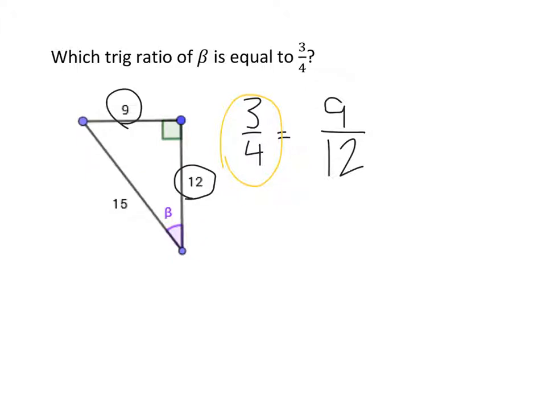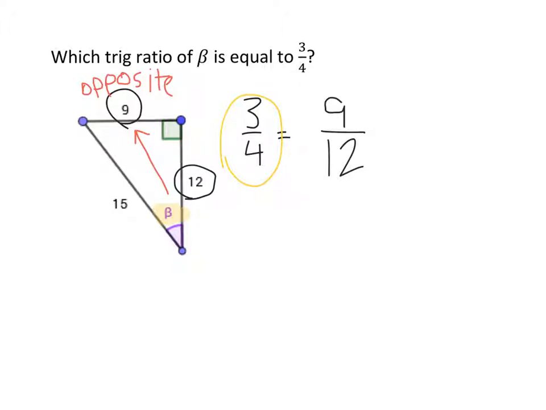The next thing we need to know is what kind of side is 9 and 12? Are they the opposite, adjacent, or hypotenuse? So we'll have to highlight our reference angle here, which is beta, and write down which is the opposite, adjacent, and hypotenuse in our diagram. We know that the opposite is the side that's opposite the angle, so 9 is the opposite.